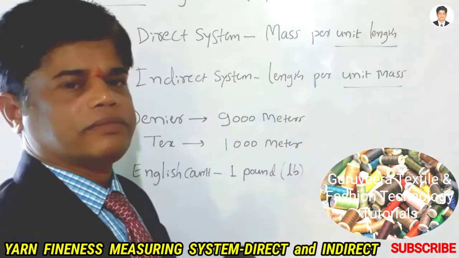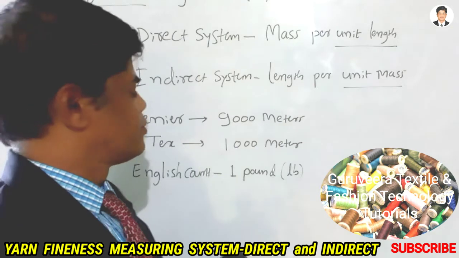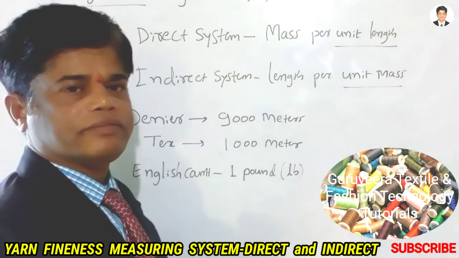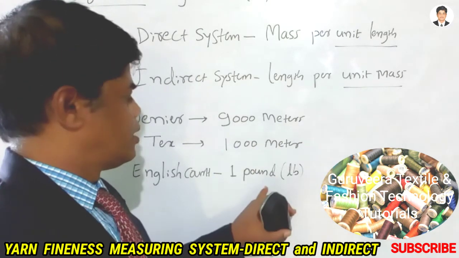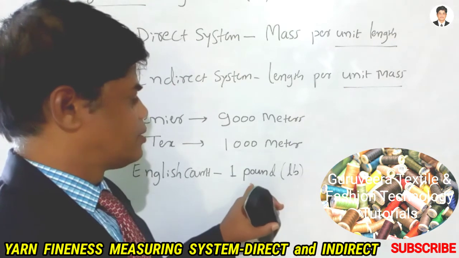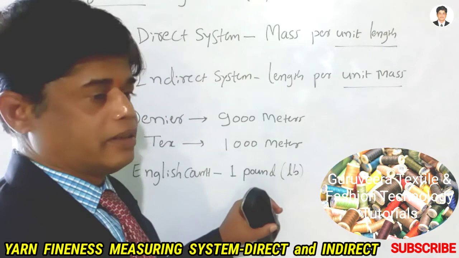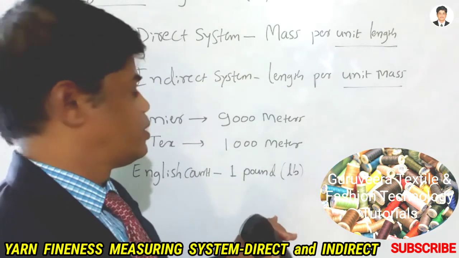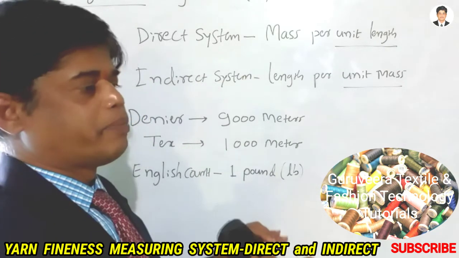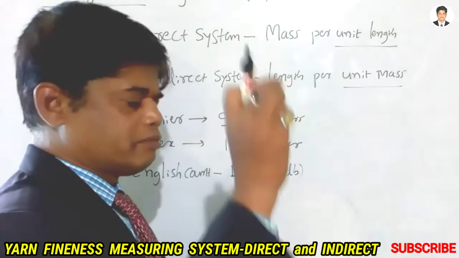Whatever length we take and weigh, after weighing, the weight should be 1 pound. To reach 1 pound, how much yarn is required?